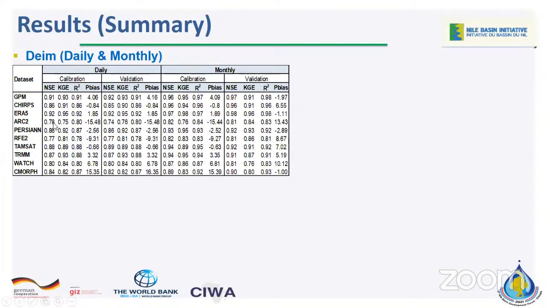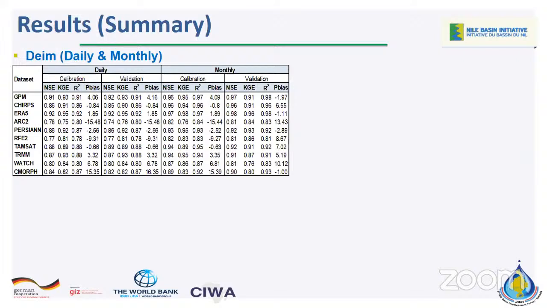The NSE for the Blue Nile Basin ranged from 0.77 to 0.92 for both calibration and validation periods, while KGE ranged from 0.75 to 0.95, and the percent bias also achieved acceptable values.